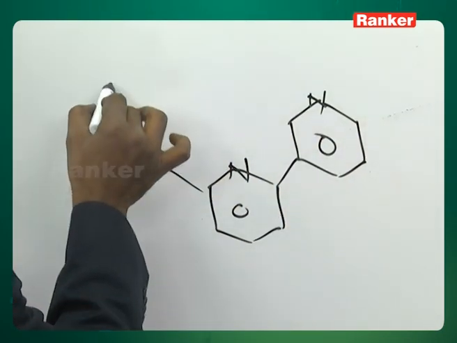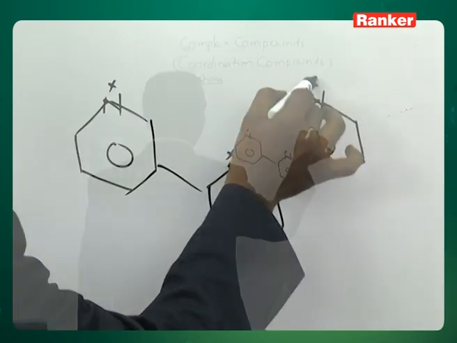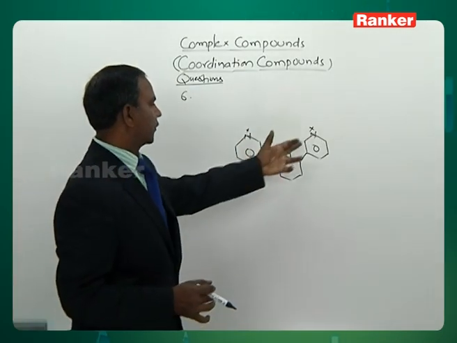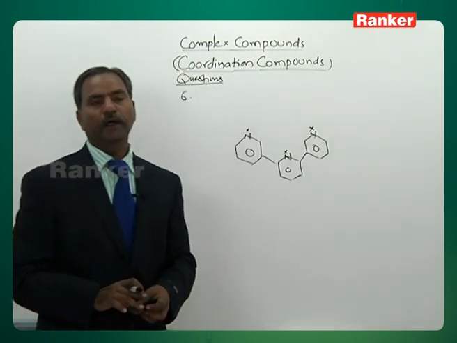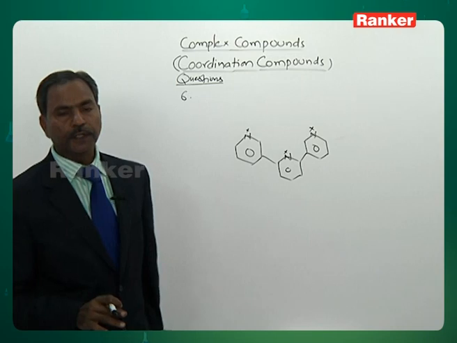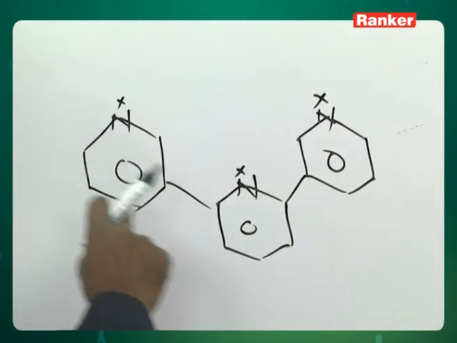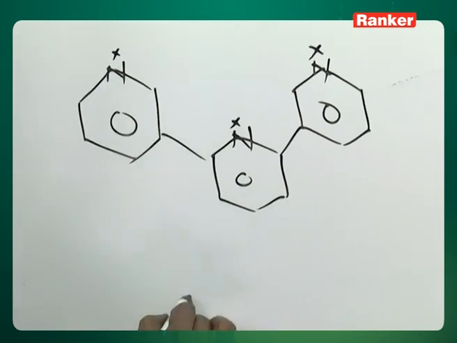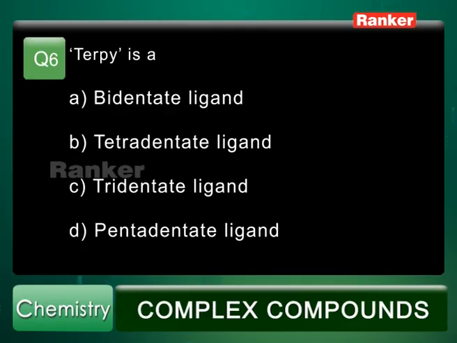Can you easily understand? These are the donors. Terpy is what type of ligand? Bidentate? No, it is carrying 3 donor atoms. Coming to B, tetradentate? No, it is only tridentate. Therefore, option C is the correct answer. Terpy is a tridentate. Therefore, the answer is C.